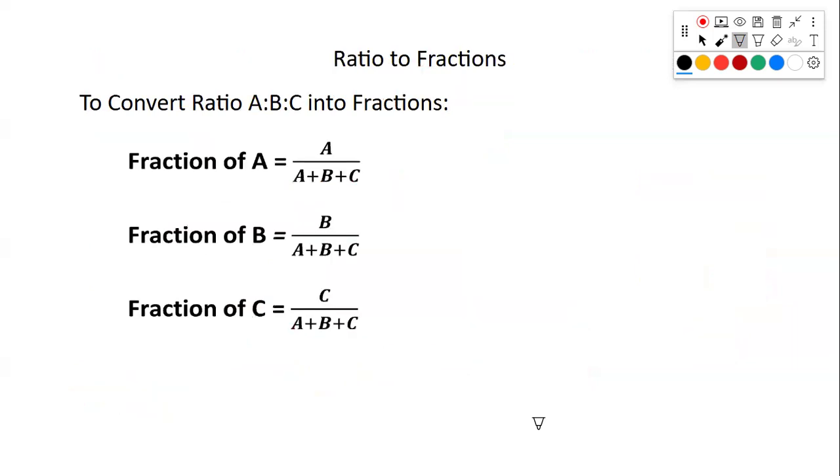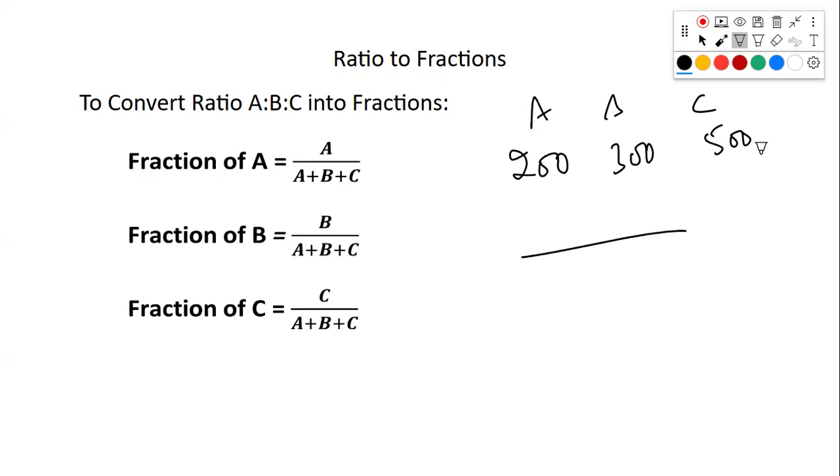To convert a ratio A:B:C into fractions, you add up A plus B plus C, and that is the denominator. The fraction A will get is A by A plus B plus C. Similarly for B and C. So if I am dividing rupees 1000 between A, B, C, A gets say 200, B gets 300, C gets 500.